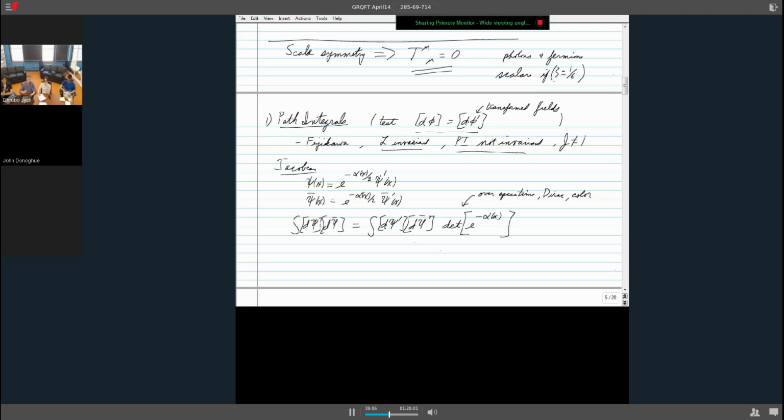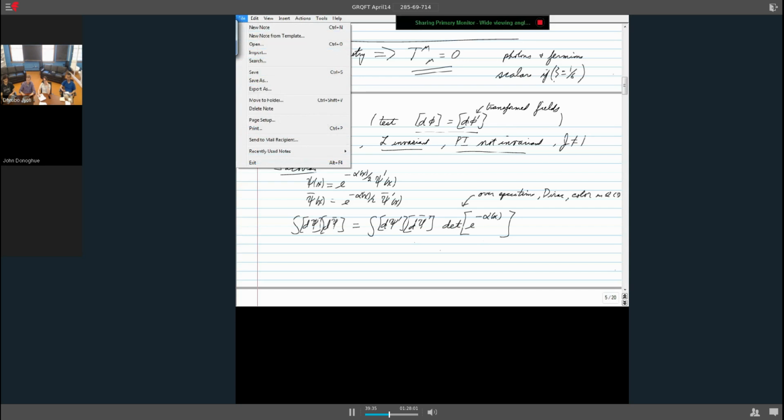The Jacobian is the determinant of that change of variables, determinant of e to the minus alpha of x. There are actually two of them, and they're the same, so I've just put e to the minus alpha of x to the 1. This is the standard determinant that you get from changing variables. The determinant is over space-time.